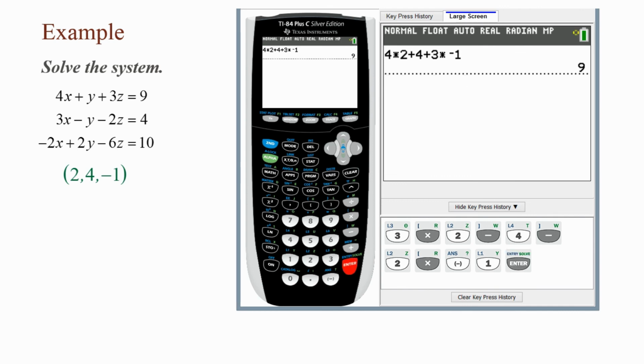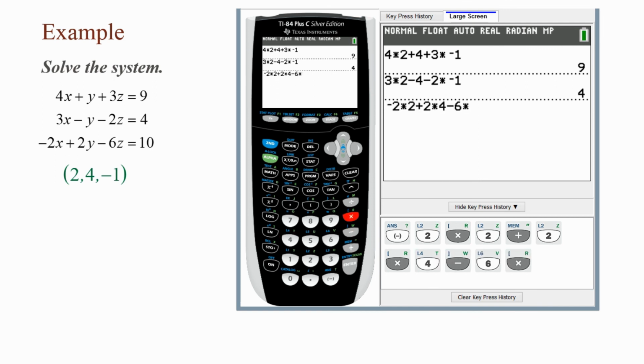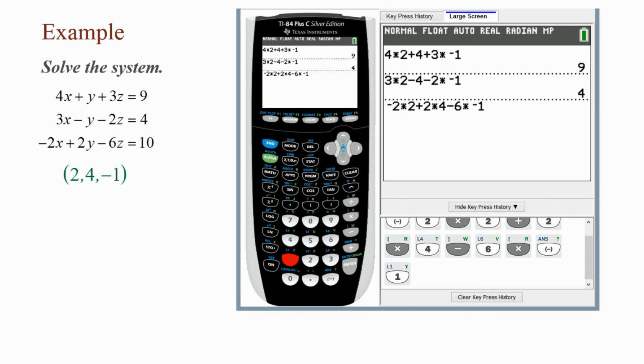Enter, and it equals 4. For our third equation, negative 2x plus 2y minus 6z equals 10. Negative 2 times x, which is 2, plus 2 times y, which is 4, minus 6 times z, which is negative 1, and that should equal 10. So this ordered triple does work for our system of equations.